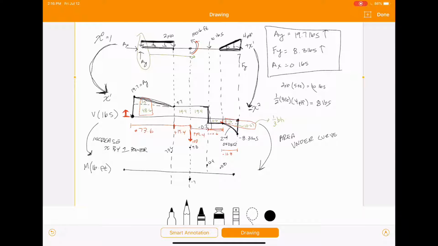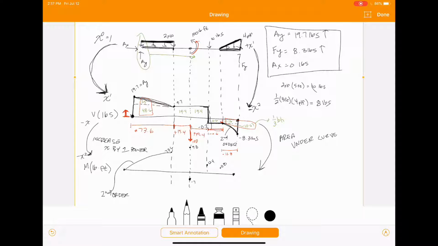So that would be like having a negative x. So down on our moment, we've got to have negative x squared. So that's going to look like that. Again, I just like to label these second order, because when you start drawing these really small, your second, third, and fourth order start looking the same. So it's just nice to identify what's what.